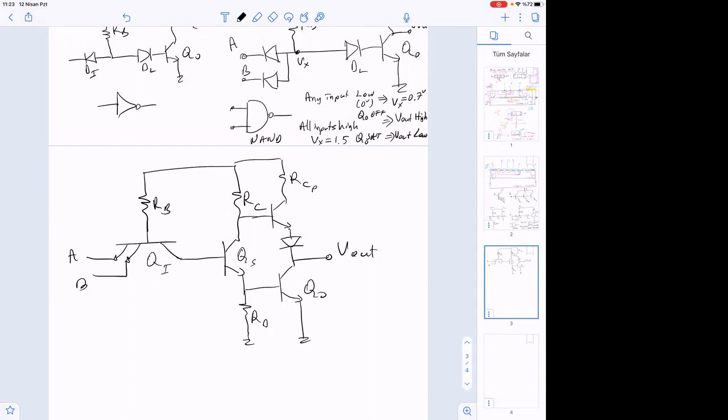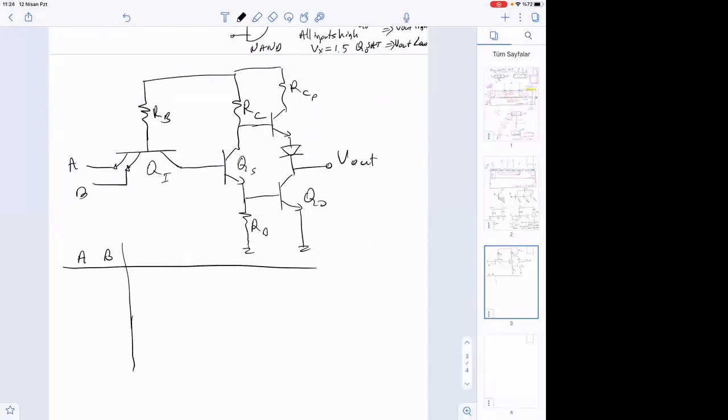Okay, so let's make a table: A input and B inputs. Okay, what is QI? What is QS? What is QO? What is output? Okay, we can also assign CP DL.